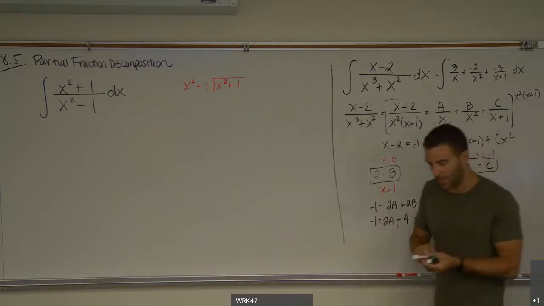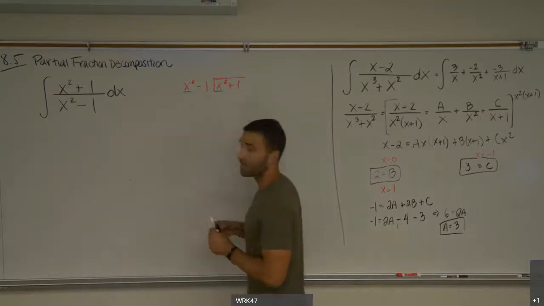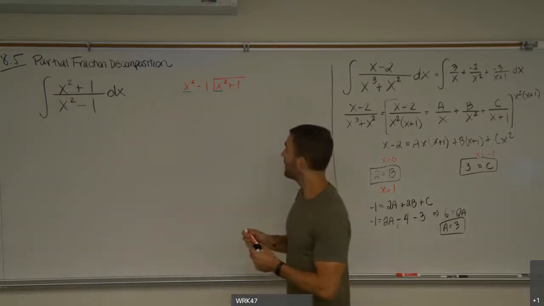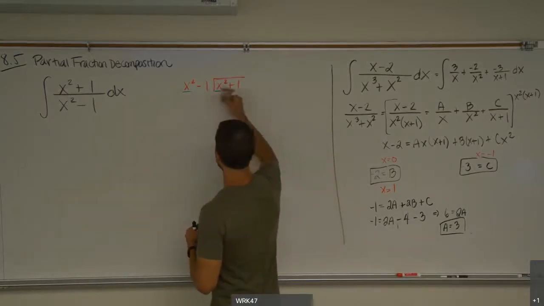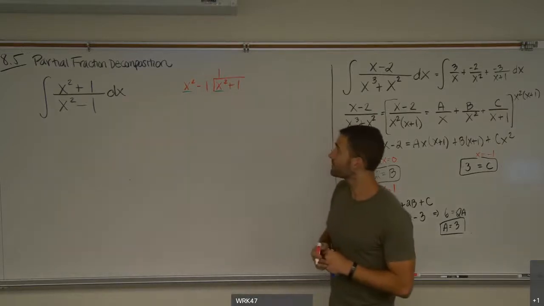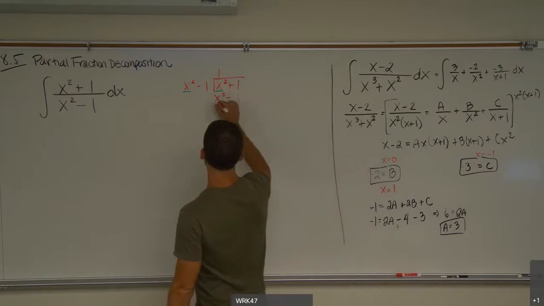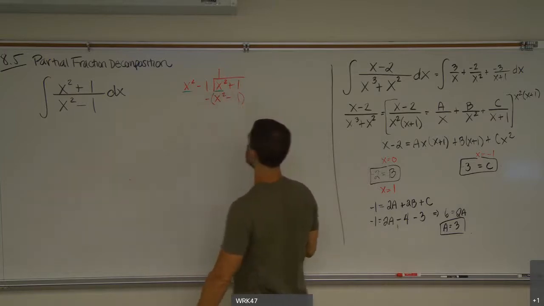So remember how long division of polynomials works? You take that leading term, just like division. To make x squared into x squared, we just need to multiply by 1. So x squared goes into x squared 1 time. We multiply this number through and subtract it.